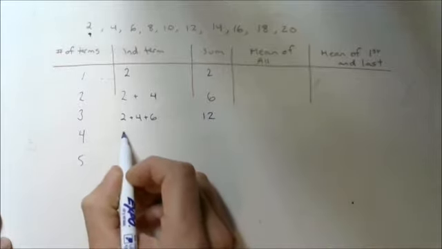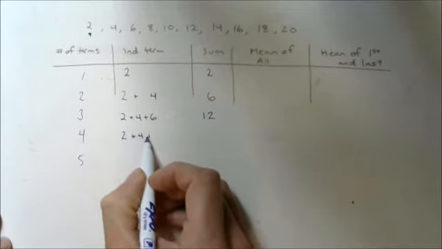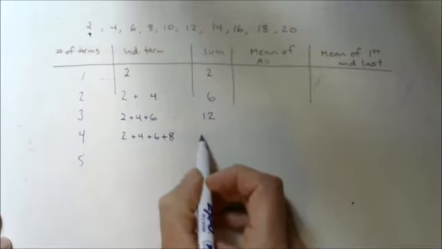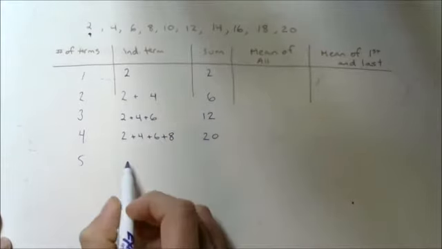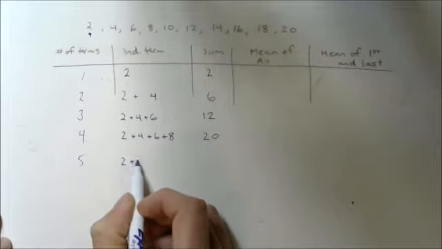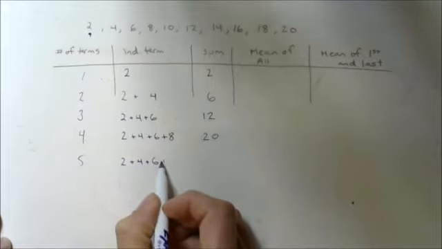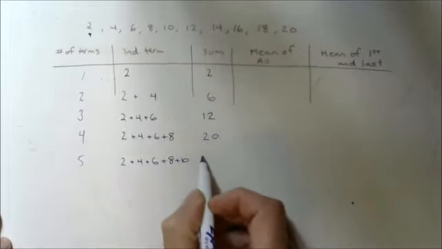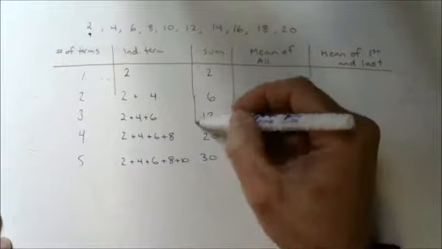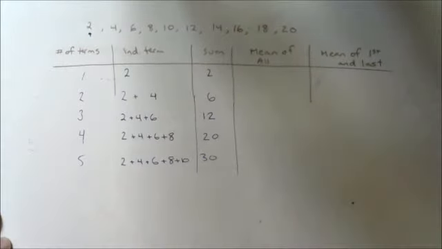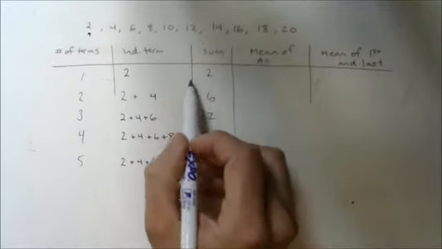If we take the first 4 terms, we get 2 plus 4 plus 6 plus 8, which is 20. And if we take the first 5 terms, we get 2 plus 4 plus 6 plus 8 plus 10, which is 30.